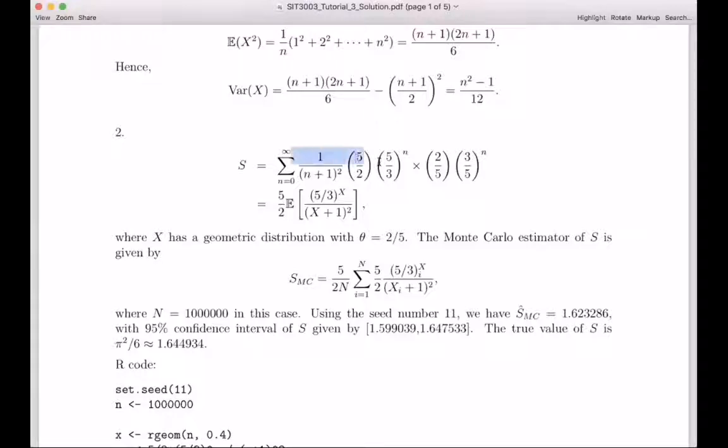Okay, this whole thing here, you can actually write as this part here, right? The 5/2 is a constant, so you can take it out. So here, this corresponds to a geometric distribution with theta equals 2/5, right?